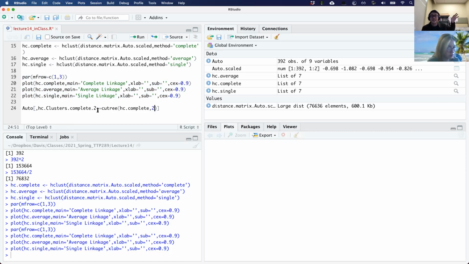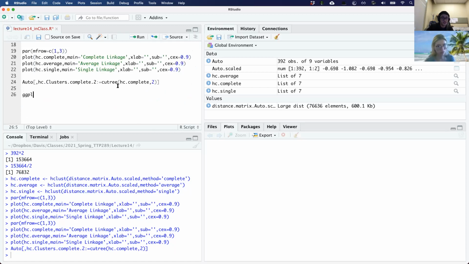So I'm going to pass the information about the model in hc complete into cutree, and I'm going to specify I want 2 clusters. So it's going to cut the branches at the right point so that you have 2 clusters, and then it will assign the points. And so that will look something like this.